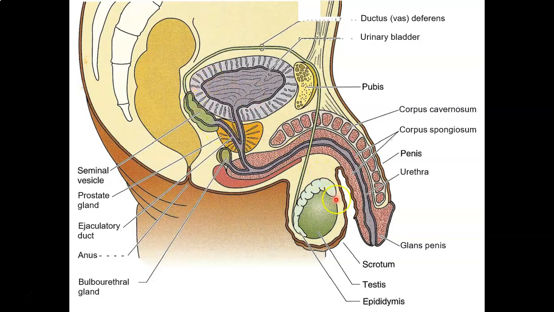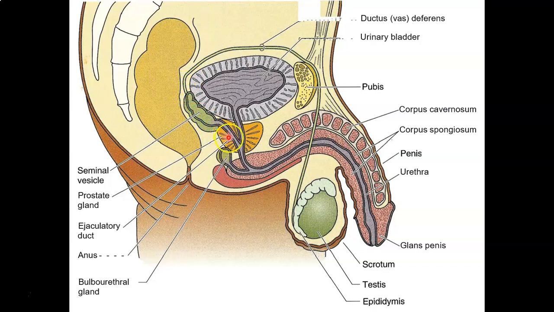Look at this diagram. This is the testes, and from the testes arrives the epididymis. Then it passes to the ductus deferens, or sometimes we call it vas deferens.